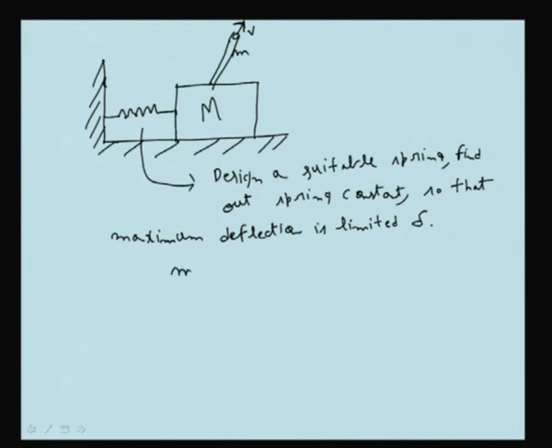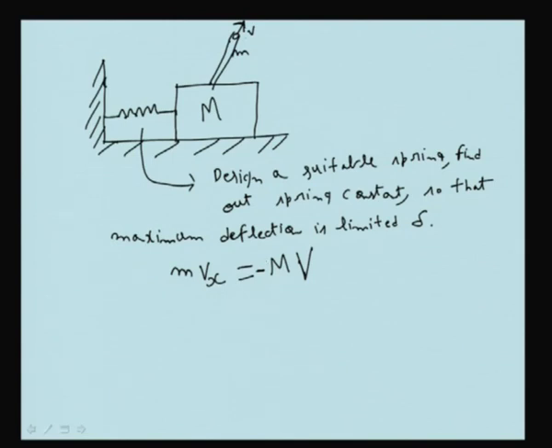Initially, the momentum remains conserved, therefore mass times Vx, where Vx is the horizontal component of the velocity, should give you mass times the velocity of the block V. Once we have found the velocity, this will be in the negative direction.